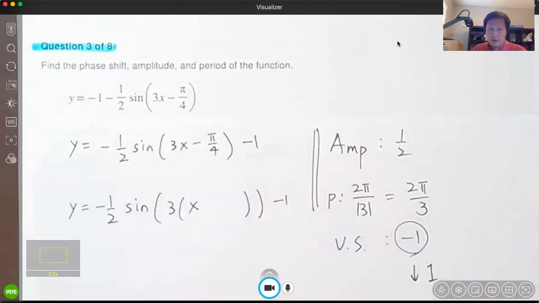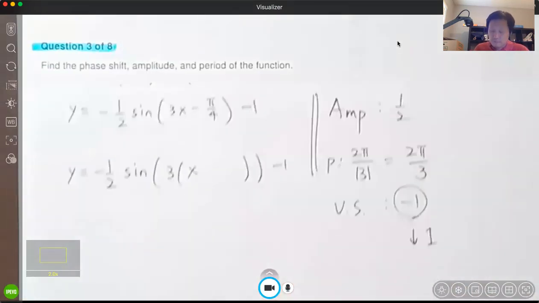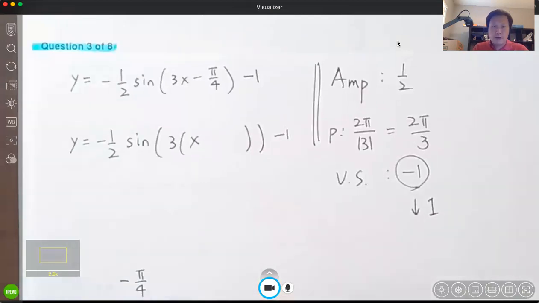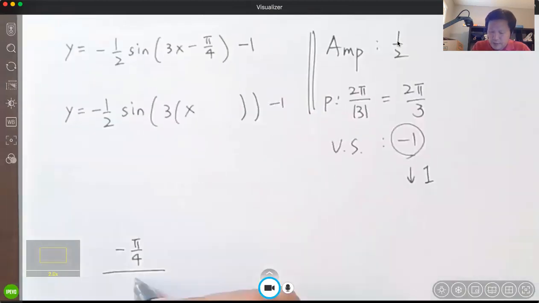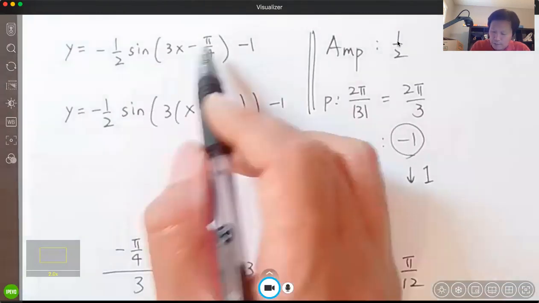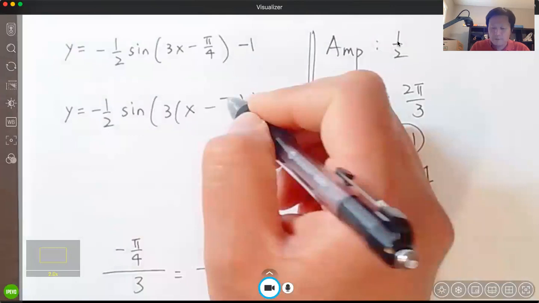How do you factor 3 out from minus pi over 4? Factor out means divide by 3. Divide by 3 is exactly the same as multiplied by the reciprocal. So it should be minus pi over 12.